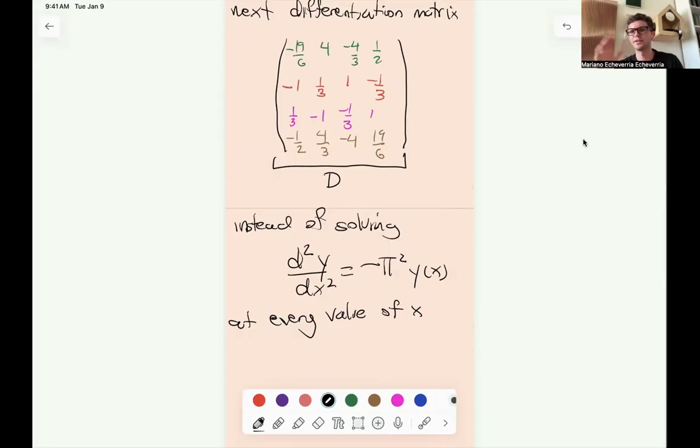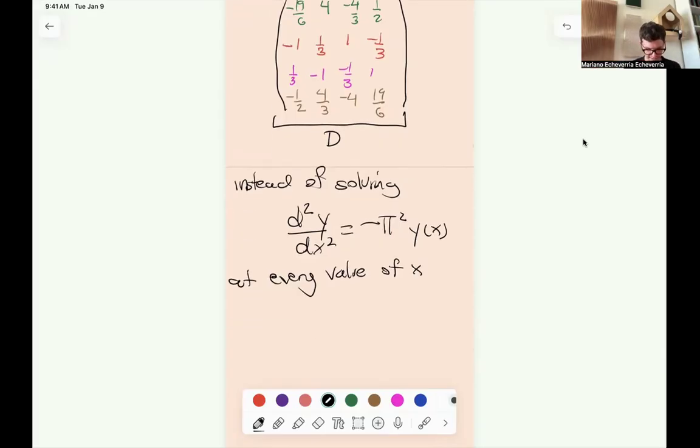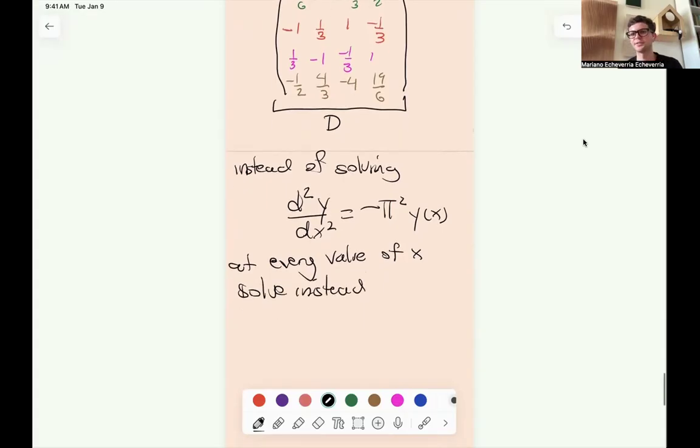So you just solve this equation at the nodes that are on the interior of the interval. What is the discrete version of this?